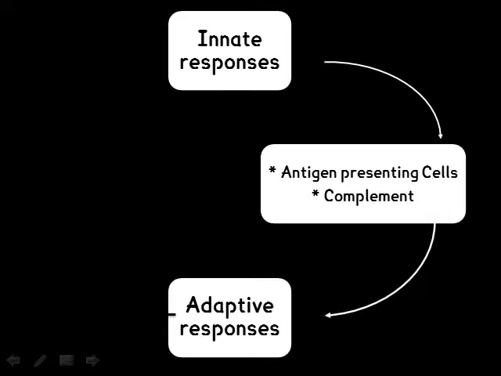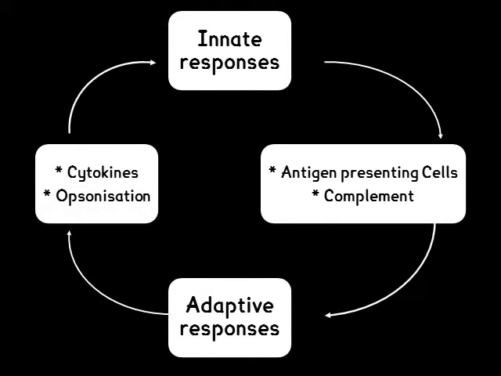And also chemicals called complements may be involved, and they promote an adaptive response. Likewise, the adaptive response of T cells and B cells, especially T helper cells, may well result in the innate responses being primed up and actually becoming much more effective and reacting even more quickly than they do normally.